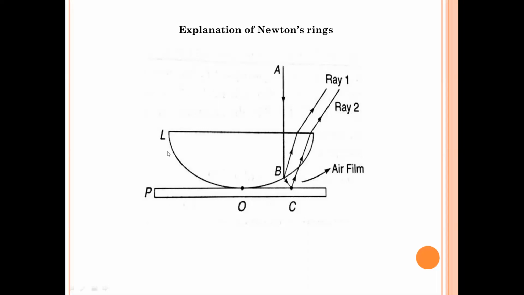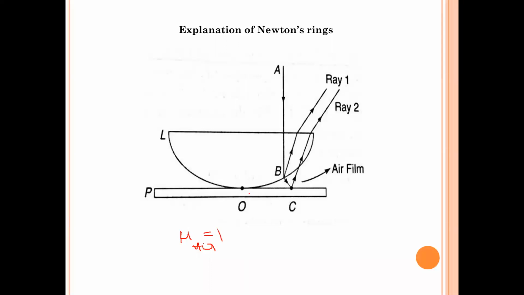Here the very important point is the medium in between the plano convex lens and the plain glass plate. Actually, this medium is an air medium. So here we discuss one main point: what is the refractive index of the air film? The value of mu air is 1.